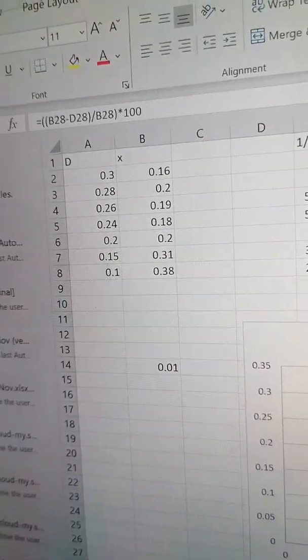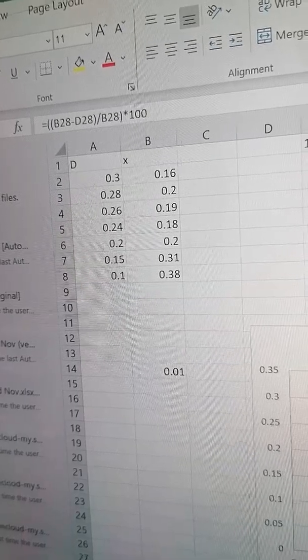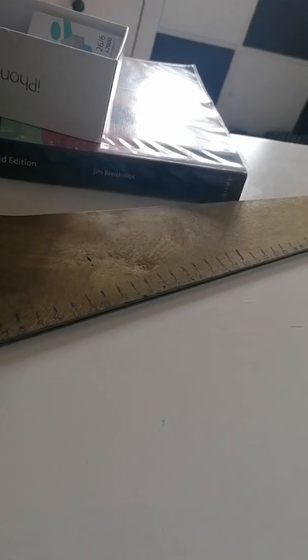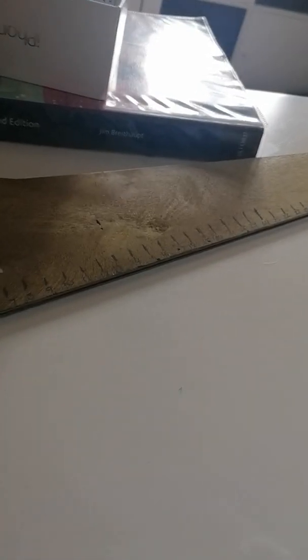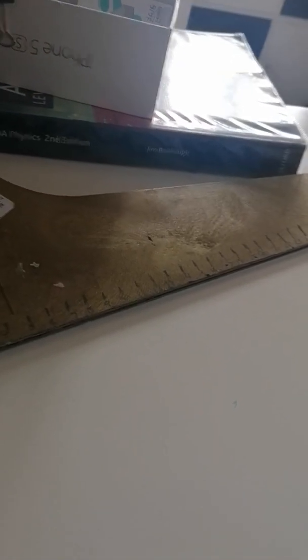If I were to do this again, I'd probably do it at school, and I would probably have a better ruler. I think a meter ruler would probably be a lot better, because it was extremely hard to work out distances when everything's to the centimeter. So yeah, that's my experiment.